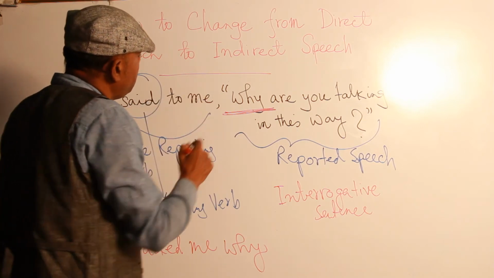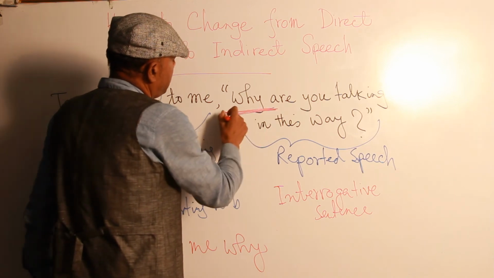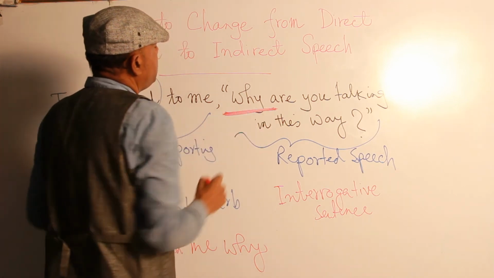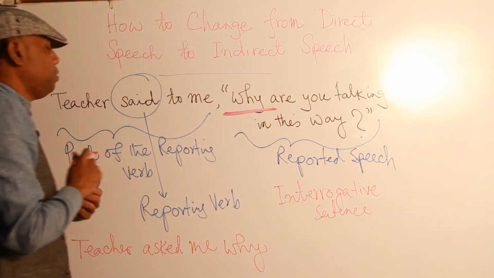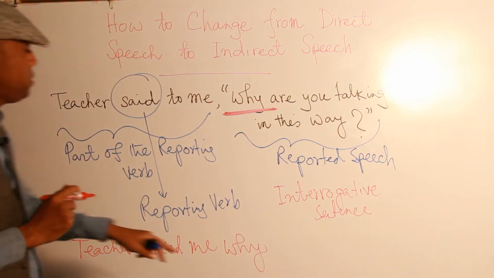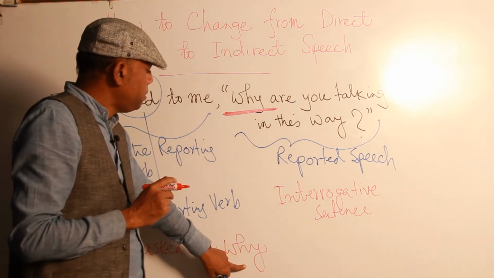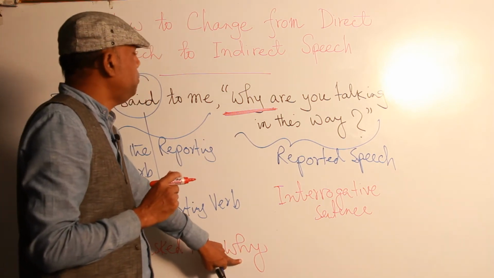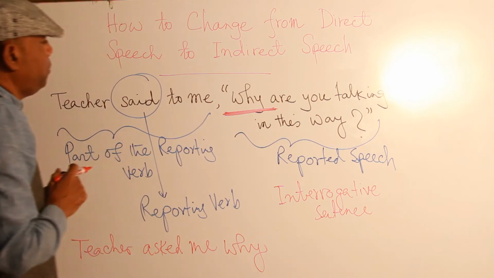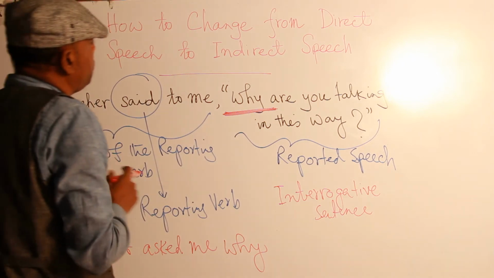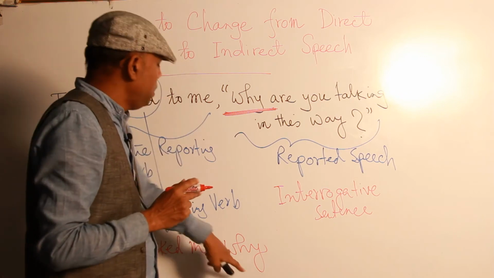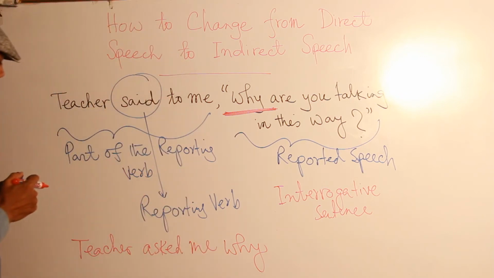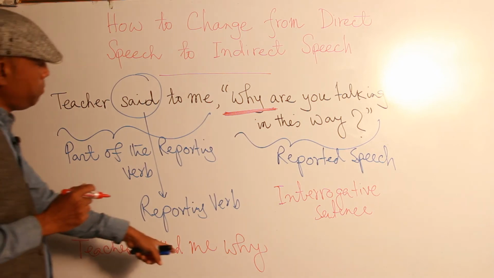But if there is a WH question, then the WH word itself will be the conjunction. We do not need any other conjunction. So teacher asked me why.